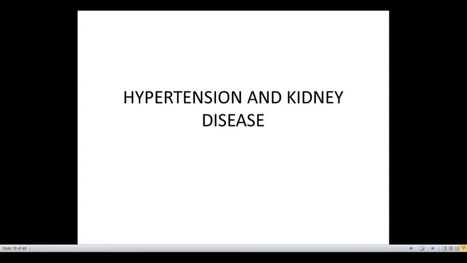On the other hand, abnormalities of kidney function can also cause hypertension. Therefore, the relation between hypertension and kidney disease can sometimes start a vicious cycle.